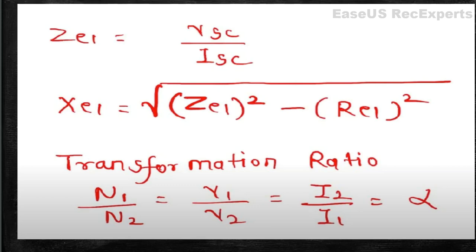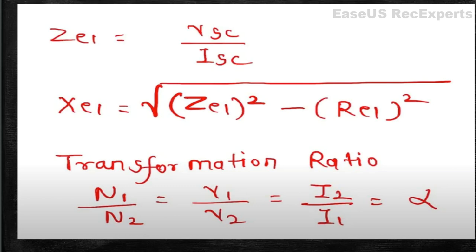Now if you want to transfer these values to the secondary side, then we have to find the value of the transformation ratio. The transformation ratio is given as N2 divided by N1 is equal to V2 divided by V1 is equal to I1 divided by I2 is equal to alpha. Now let us transfer the values RE1, XE1 and ZE1 to the secondary.